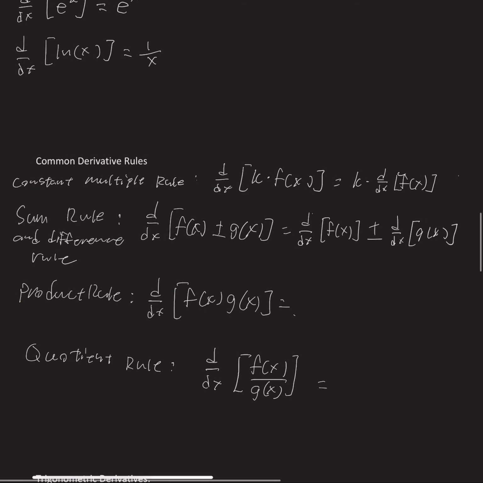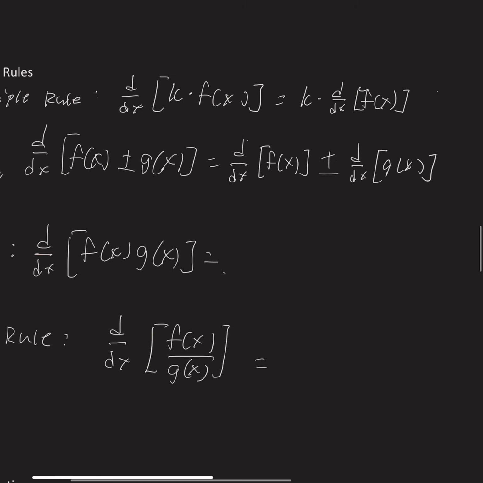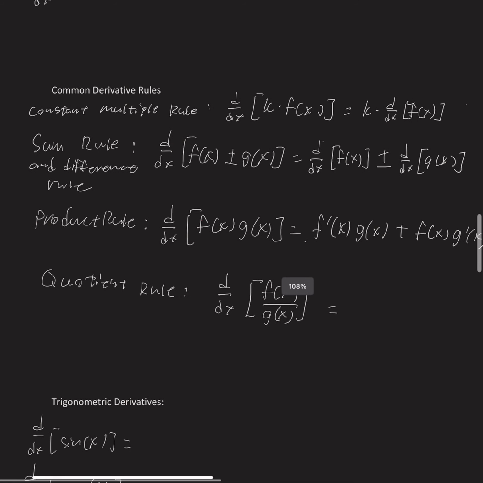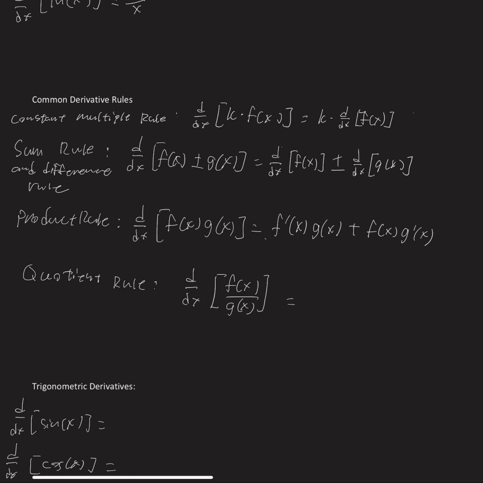And product rule and quotient rule. These two rules are longer than the previous rules. The derivative of f of x times g of x is equal to f prime of x, g of x, plus f of x, g prime of x. And the quotient rule is probably the longest rule in derivatives you will learn.